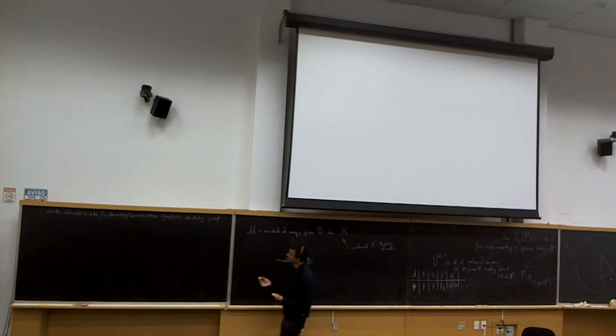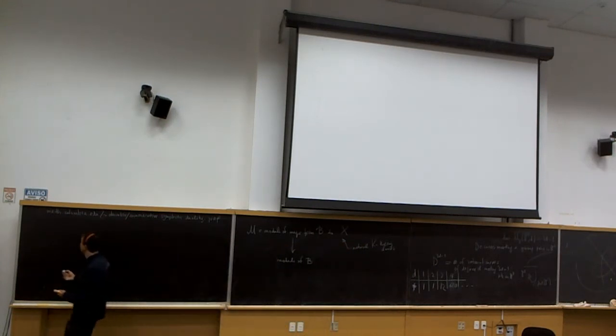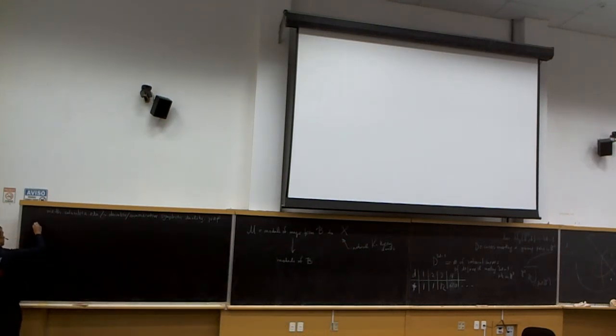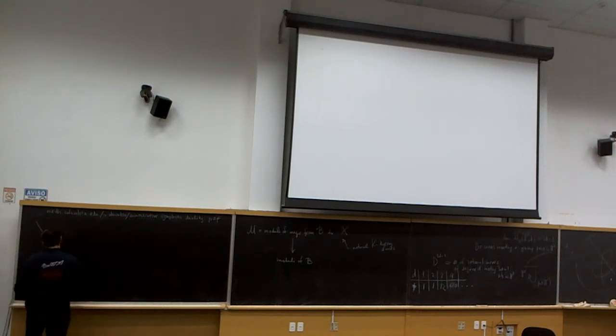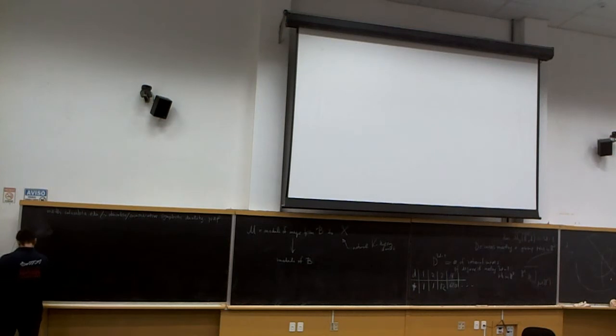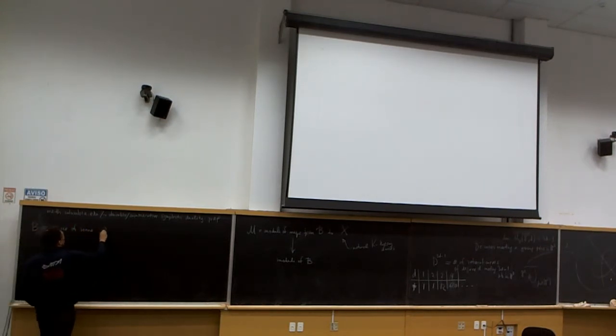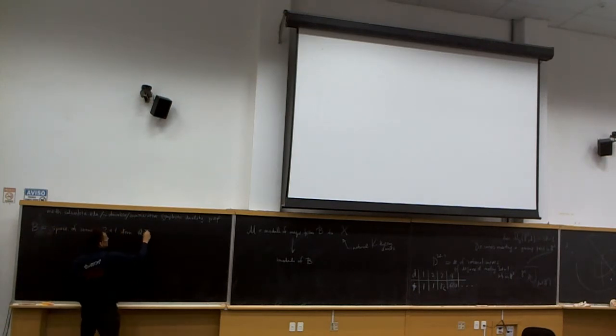So from the point of view of mathematical physics, the interesting thing is X. So somehow the meaningful thing is the following: one thinks of B as the space of some 2 plus 1 dimensional quantum field theory.